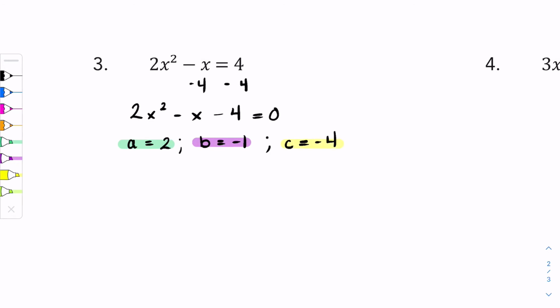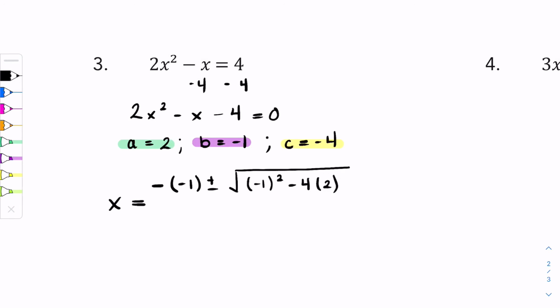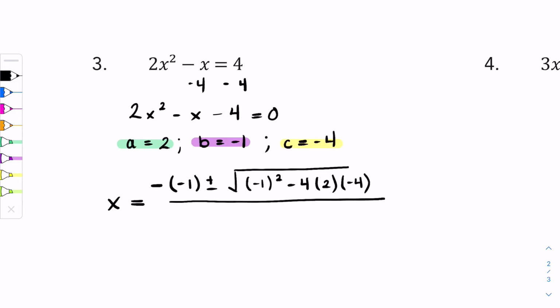Always make sure you include those negative signs. X equals negative and then -1, so that will simplify to a positive, plus or minus the square root of -1 squared minus 4 times 2 times -4, all divided by 2 times 2.